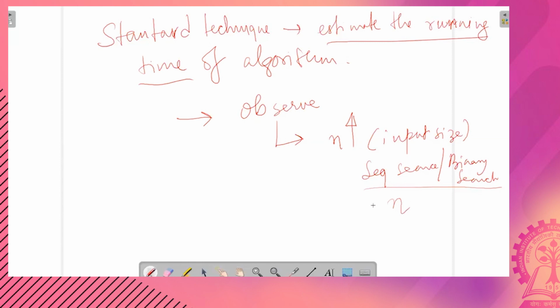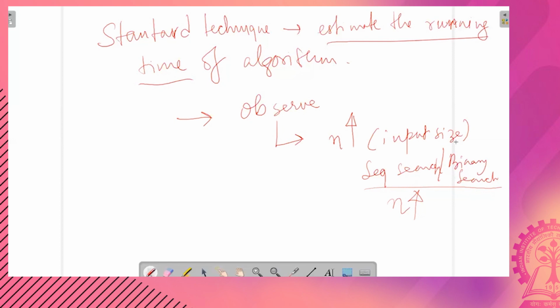If the input size grows, the number of comparisons that you have to do would be larger. It could be sequential search, it could be binary search, whatever it is. In both cases, if the number of elements in the list, that is n, increases, then there will be a rise in the running time.